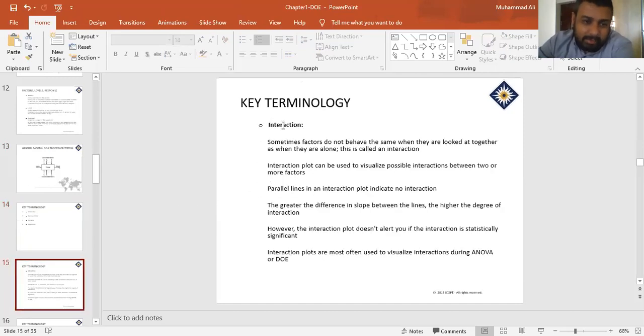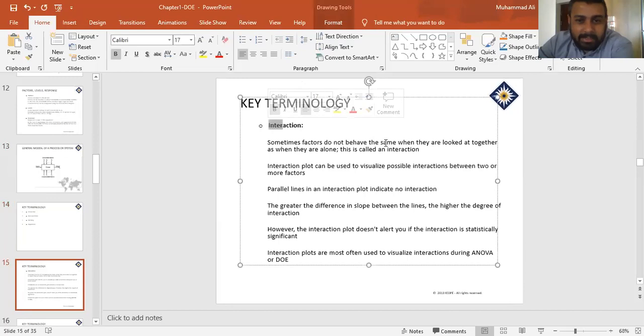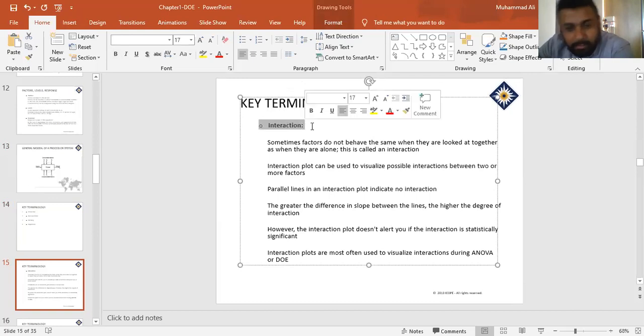So in the interaction one, actually, some of the factors have an effect on others. Sometimes one factor is behaving in a different way, but when two or three factors are changed together, they give us a different result. So when we do the experiment, we always look for the interaction of different parameters or factors that can work together. For example, now in the rock, you are sending the water.